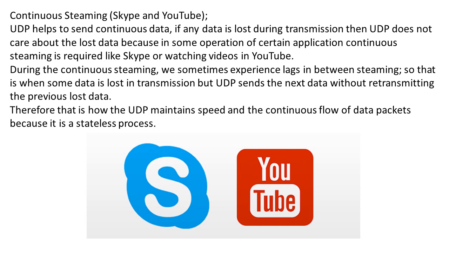During continuous streaming, we sometimes experience lags in between. That is when some data is lost in transmission, but UDP sends the next data without retransmitting the previously lost data. Therefore, that is how UDP maintains speed and the continuous flow of data packets, because it is a stateless process.